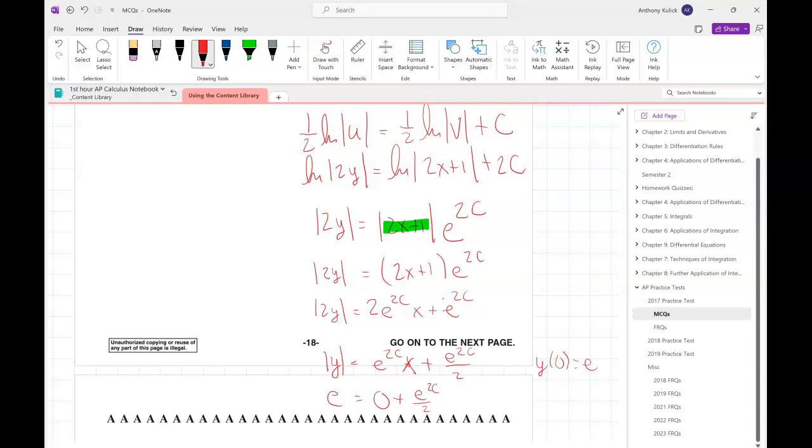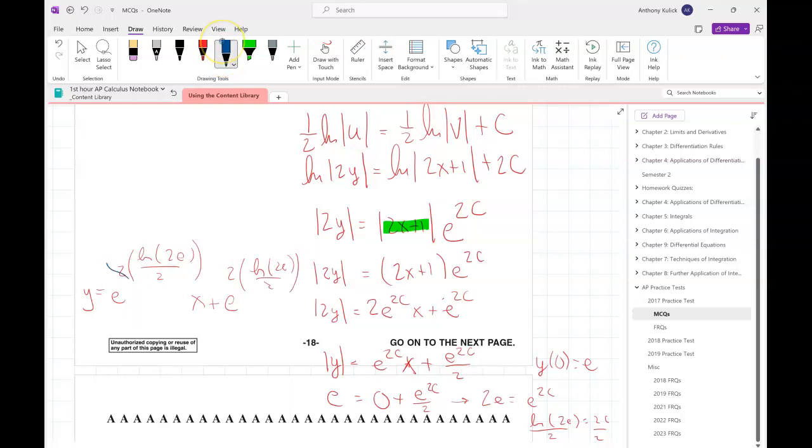So to solve for c, then I'll multiply both sides by 2 and then do the natural log of both sides and then divide by 2. So we can say y equals e to the 2 times natural log of 2e divided by 2 x plus e to the 2 times natural log 2e over 2.